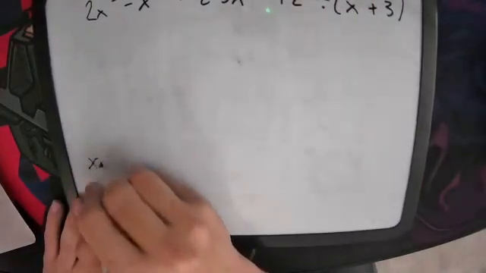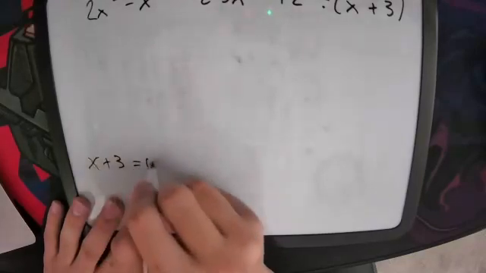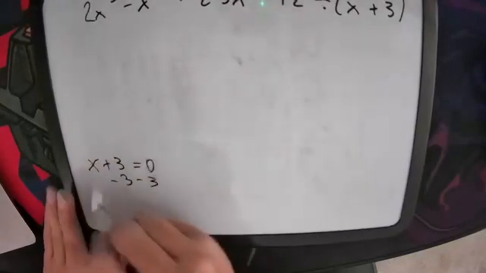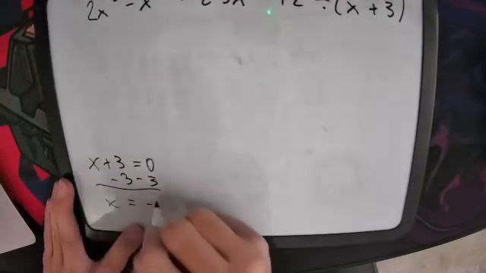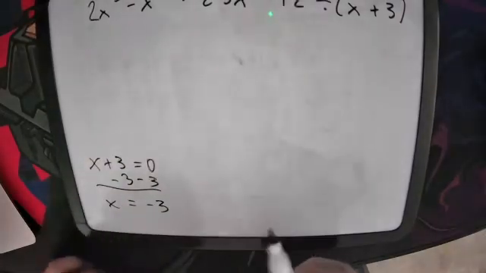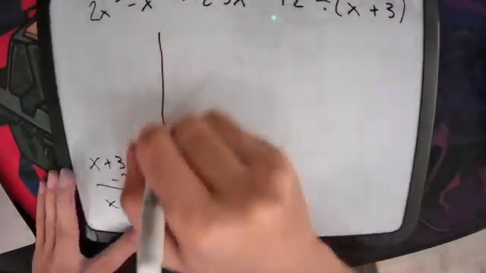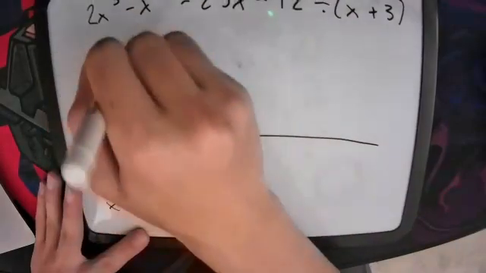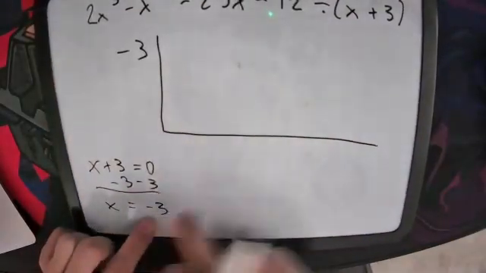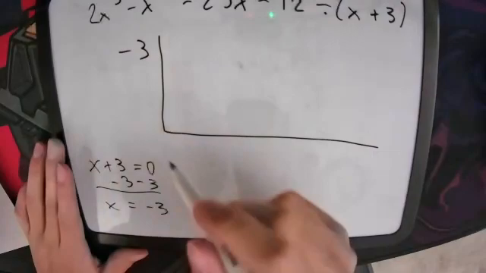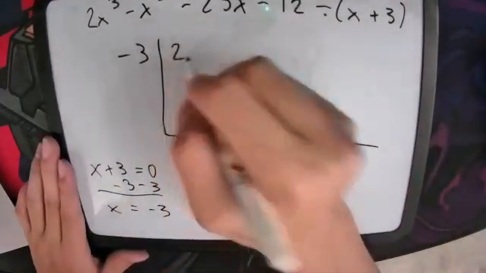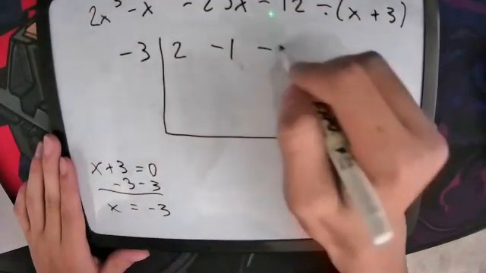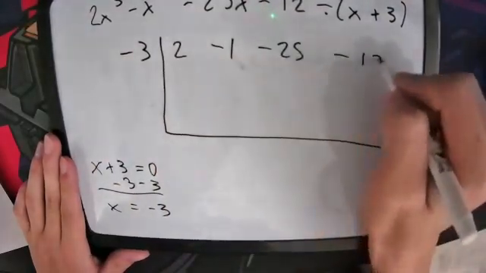So we have x plus 3 equals 0, minus 3 on both sides. Then we have x equals negative 3. So we're going to draw that L again. Negative 3 goes on the outside because that is the 0 for x plus 3. And then we write down the coefficients for this polynomial expression. So we have 2, negative 1, negative 25, and negative 12.